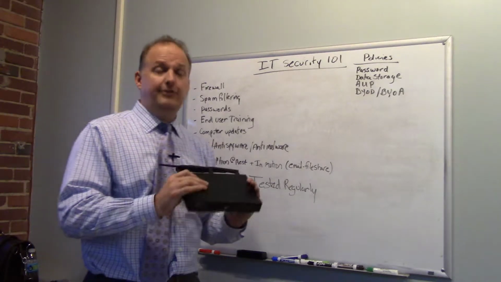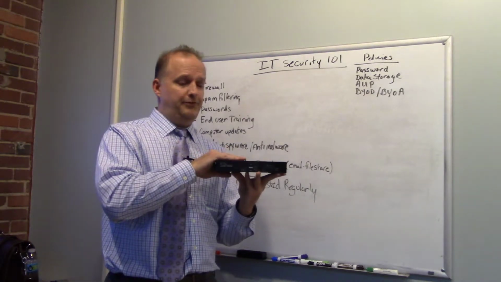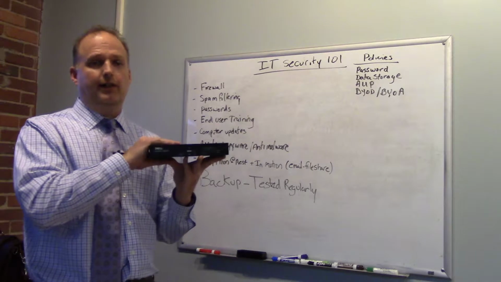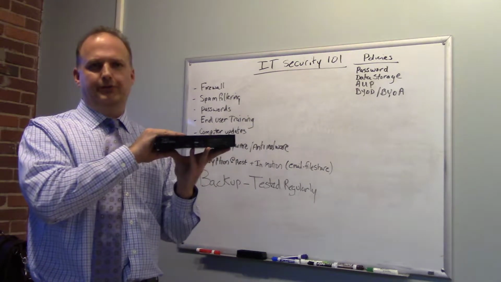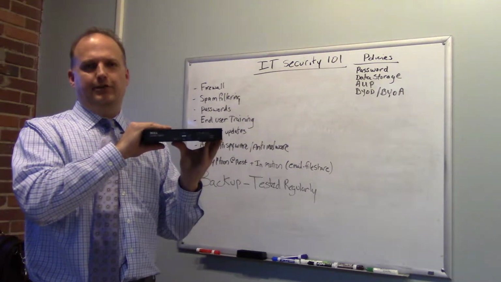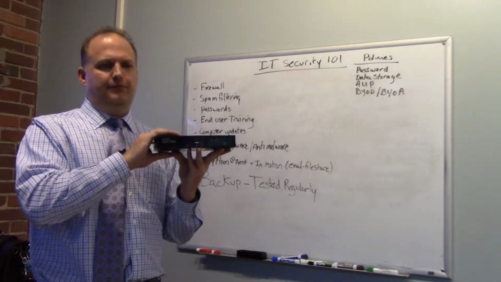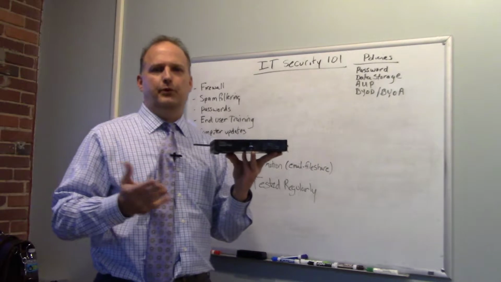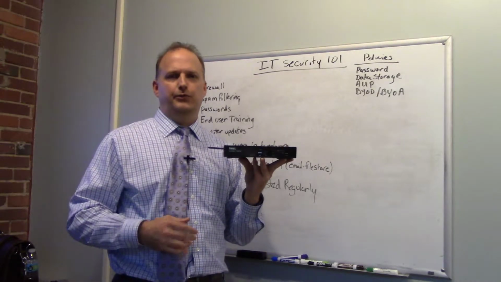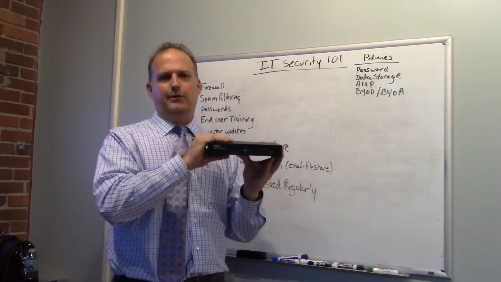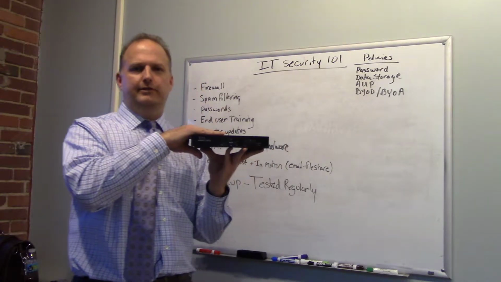One of the less used features that we find really valuable to show our clients is the web app filter and also the application filter. A perfect example is certain companies don't want their employees to go to Facebook during business hours. We can block that with these types of filters.